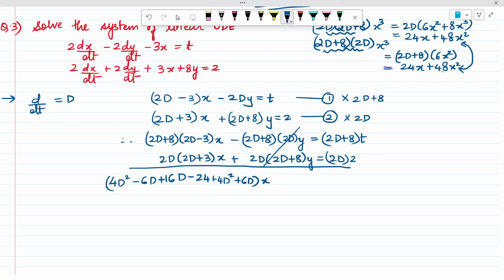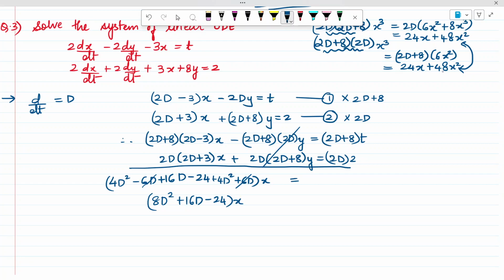I hope this is okay with everyone. I've just opened the brackets here. And we can see that negative 60 and positive 60 is getting cancelled. I'm left with 8D squared plus 16D minus 24 applicable to x.